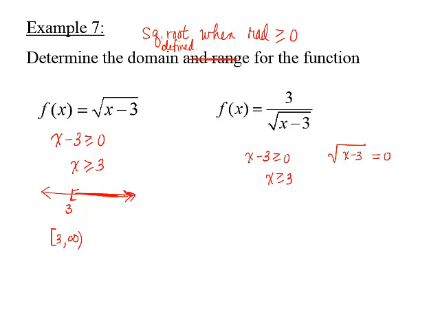The square root of x minus 3 is equal to 0 when x minus 3 is equal to 0, or when x is equal to 3. So x has to be greater than or equal to 3, but x can't be 3. So instead of including the 3 in our solution, we have to exclude it, which is designated by the parentheses. So the domain for this function is open parentheses 3 to infinity.